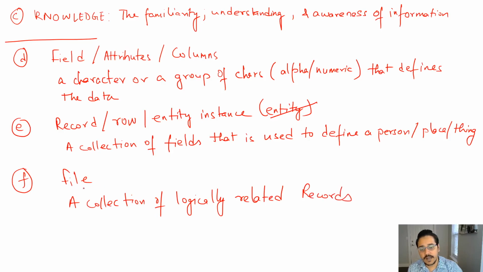Okay, so file is, of course, as you have already guessed, the term that you use within the file system domain. But within the database domain, we sometimes call it a table, of course, in the relational database domain, or we call it an entity. And this is where the difference between entity instance and entity is, right? Because entity instance is an instance of the overall entity, all right?